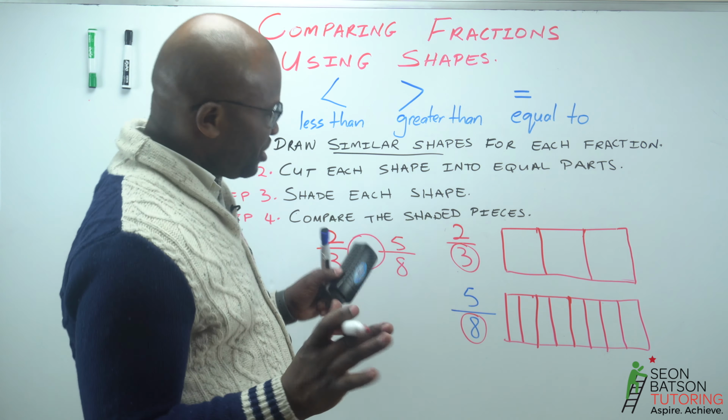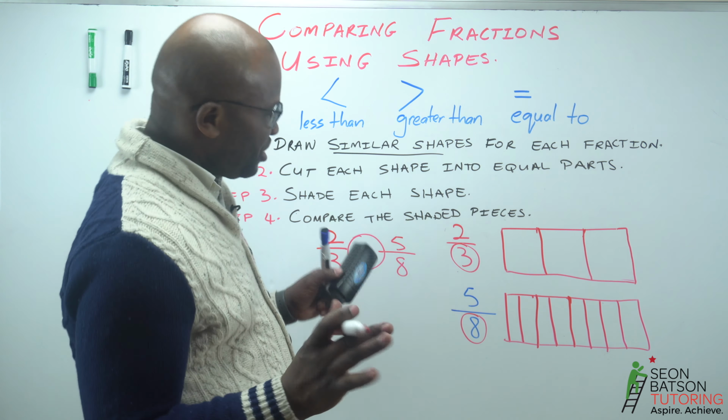All right, so first thing will be to do what? We'll first shade what? 2 parts, yeah? Because remember, the numerator tells us how many parts we should shade. So for this fraction here, we will shade 2 parts, because the numerator is 2.